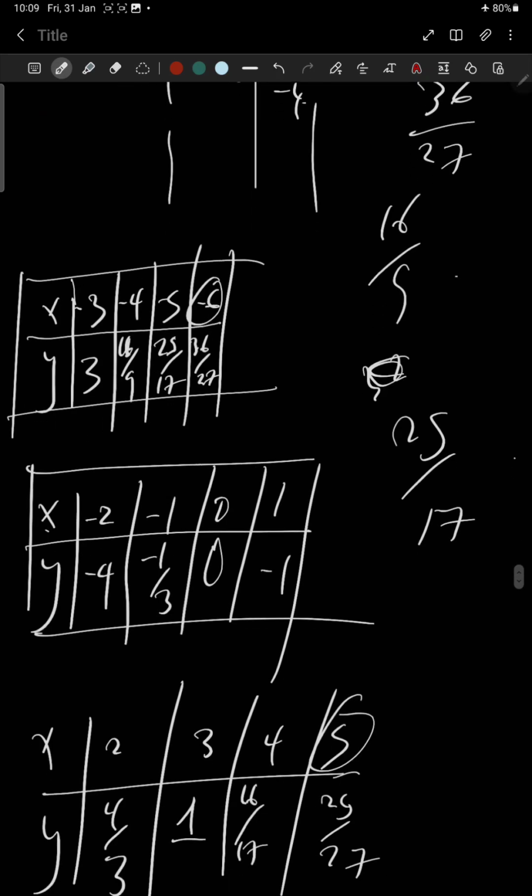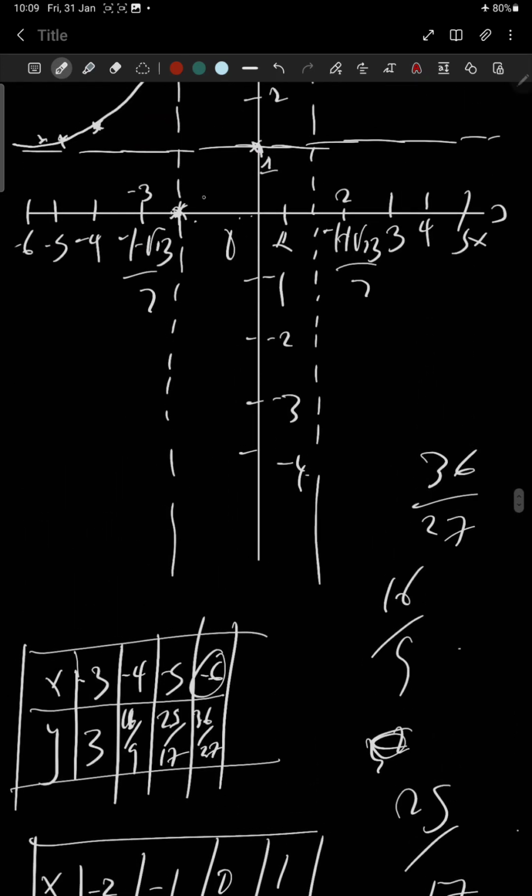Now let's sketch in between. Negative 2 comma negative 4. This is negative 2, sorry. So this was negative 2 point something. So meaning negative 1 is here. Then negative 2 is here. Okay, so negative 2 comma negative 4 is this point.